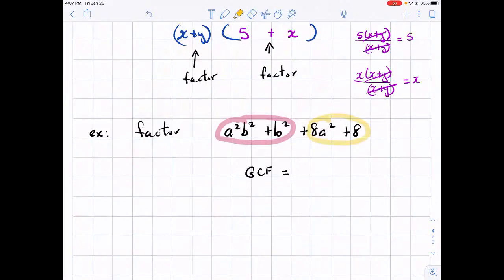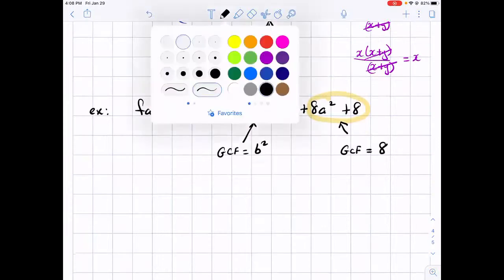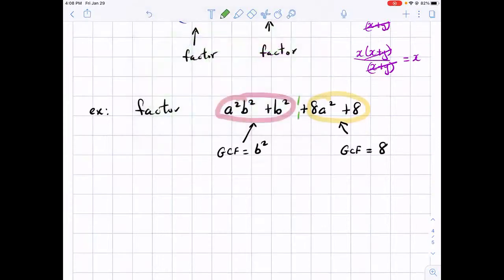If we look at just the first 2 terms, in this portion here, we do have a GCF of b squared. And in this portion here, we do have a GCF of 8. Okay, they both have 8 in them. So what we do, we break this problem into 2 groups. Hence, factor by grouping. Okay?